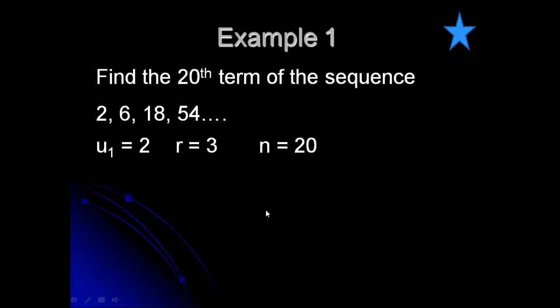We know that n is 20, so to find the 20th term we use that nth term formula. un equals u1 times r to the n minus 1. This is in the formula booklet.